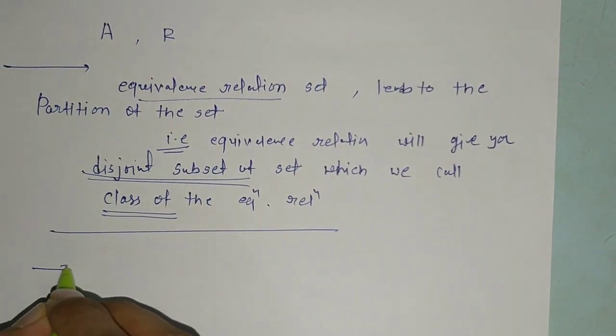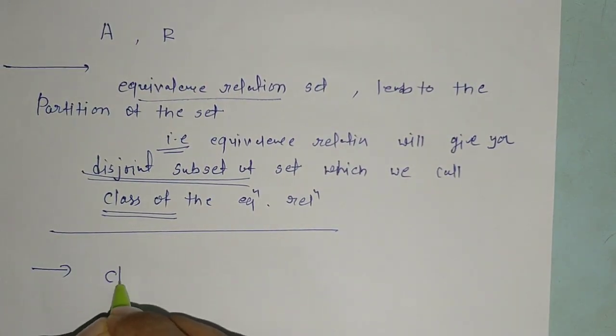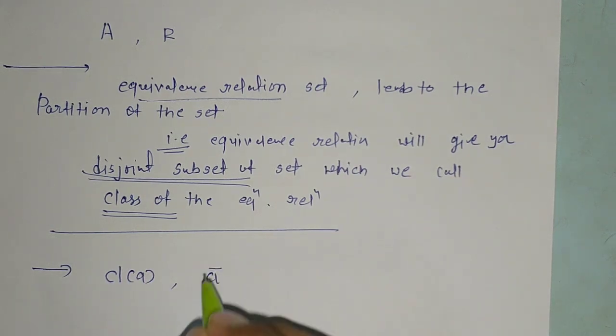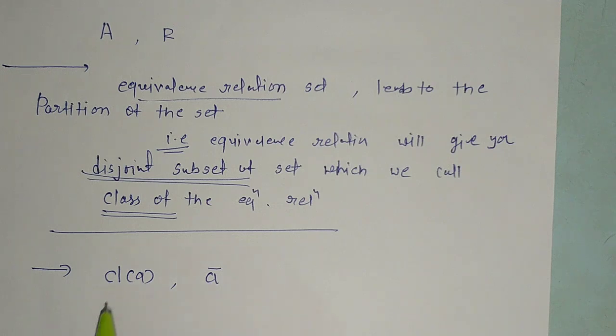We are denoting the class of the relation as class of A or A bar. It means the class of all those elements of the particular equivalence relation which are related with element A. Okay. I think we have to take one example so you are very much clear with the partition of the set.